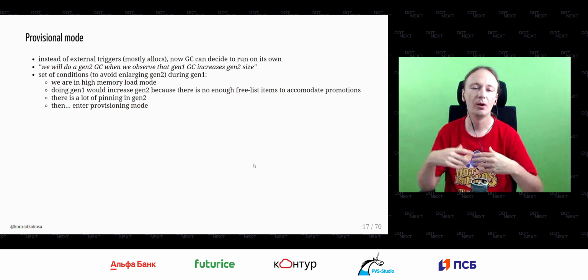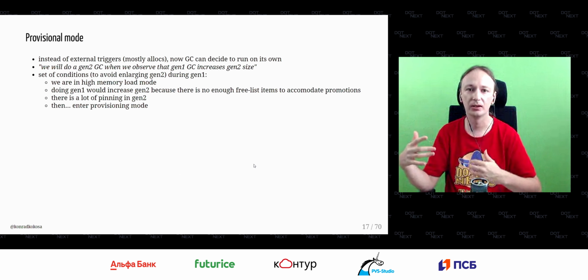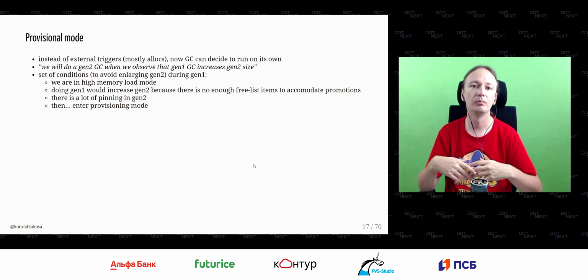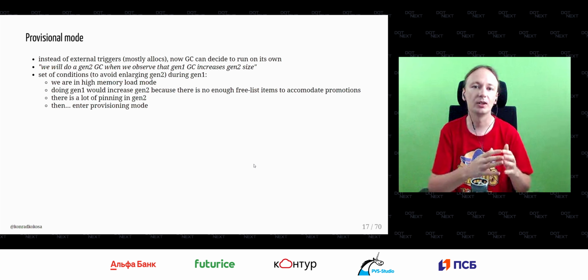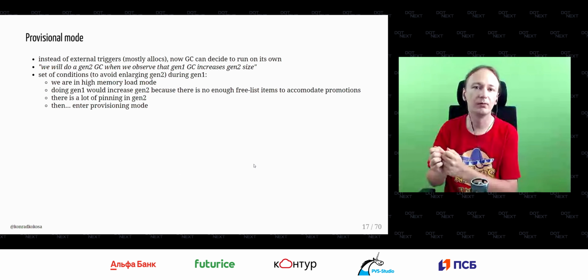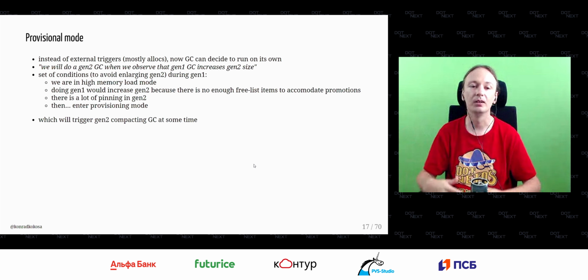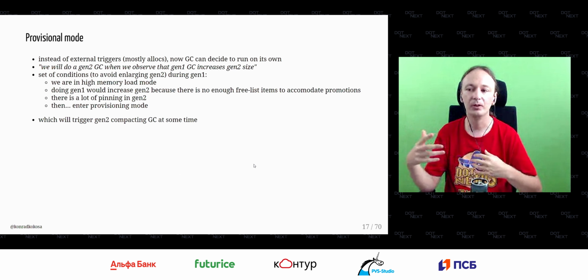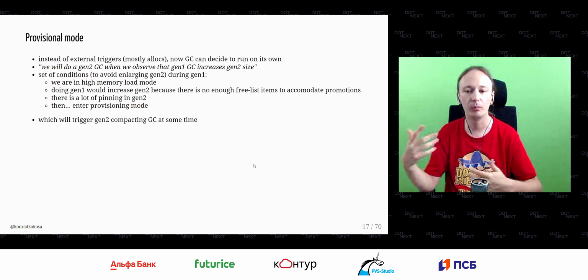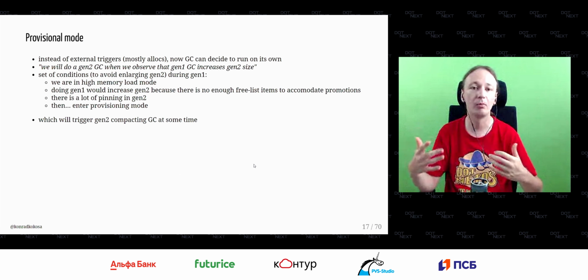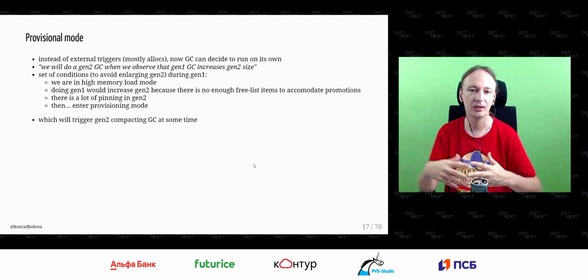In the provisional mode, we are not doing the full GCs which try to compact, but we are mostly promoting and doing Gen 1 GCs, which means objects will be promoted from Gen 1 to Gen 2, filling the free gaps inside the fragmented generation 2. So it will help in fighting fragmentation better. And after some time, if we see that the number of pinned objects is reduced, then we probably could do the full compacting GC.